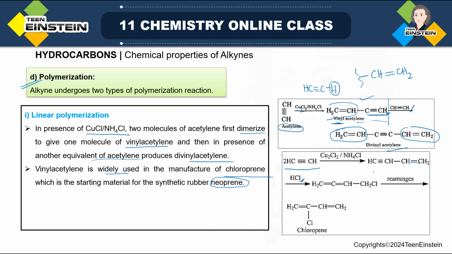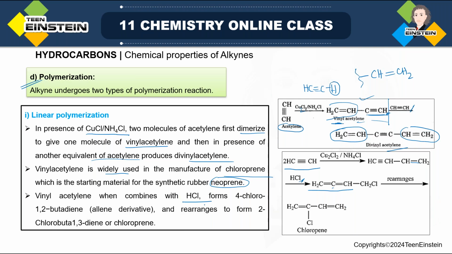So what is happening here? See, this type of allene structure is generated. This is called allene, where a common carbon is there with a double bond on both sides. So vinyl acetylene when combined with hydrochloric acid forms 4-chloro-1,2-butadiene. So let me put the numbers.